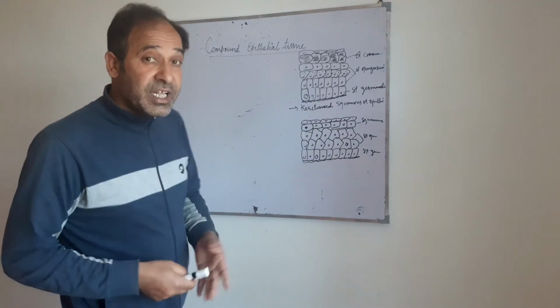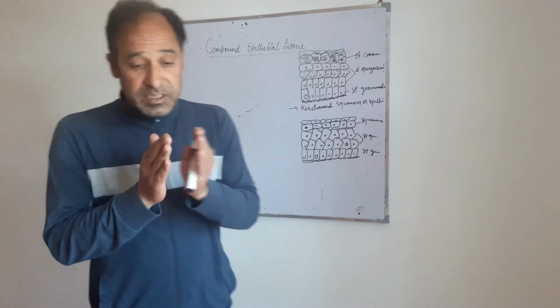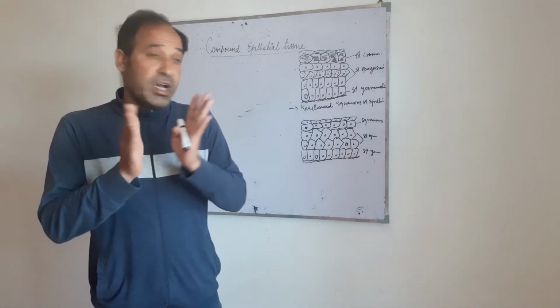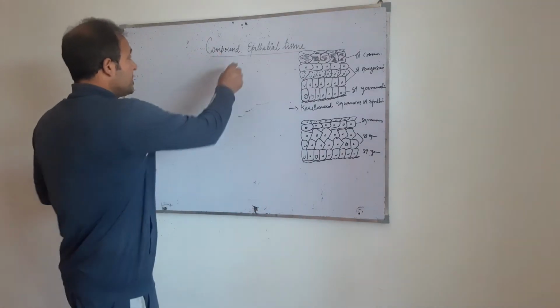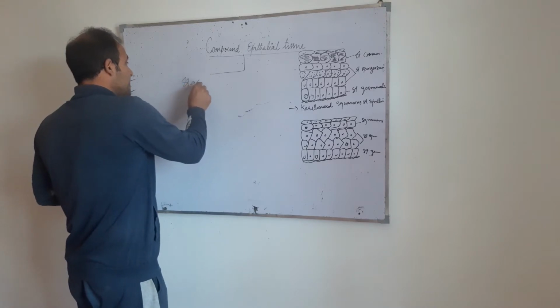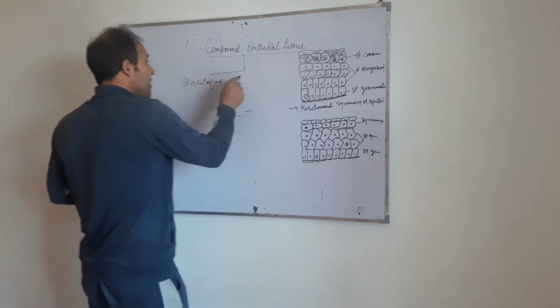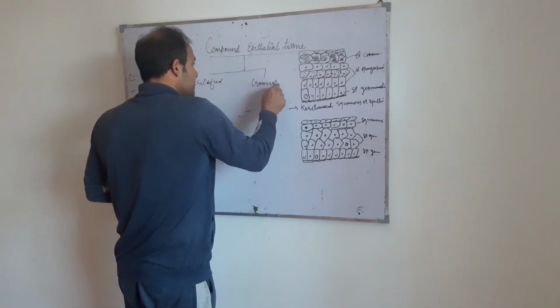But the transitional epithelium is made up of more than one layer of cells, while the cells become stretchable. So this compound epithelium is further divided into stratified and transitional.